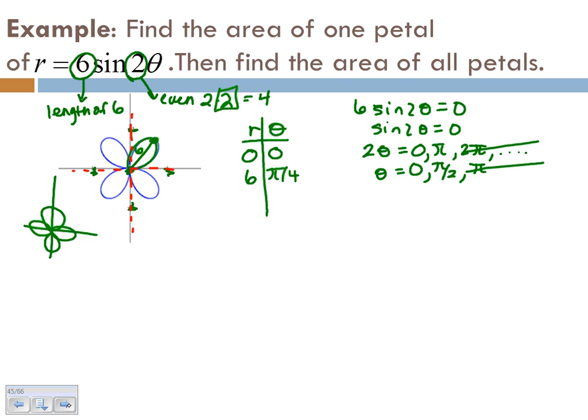Alright, so now that we have this sketch, it wants me to find the area of one petal. So what could I do here? Let's go to Tyler.